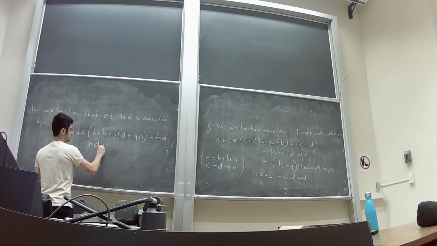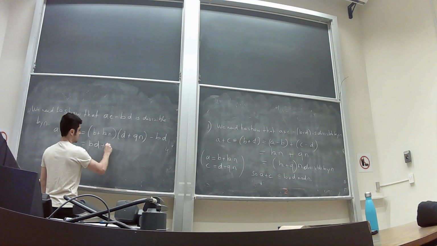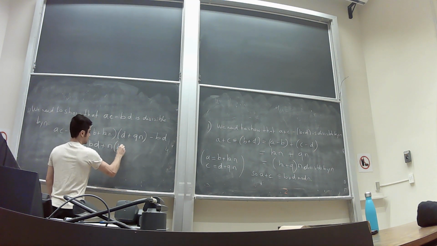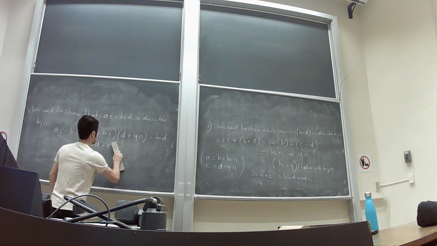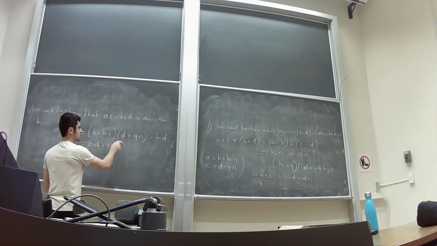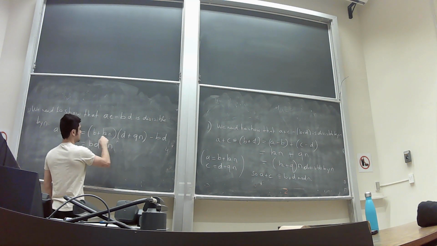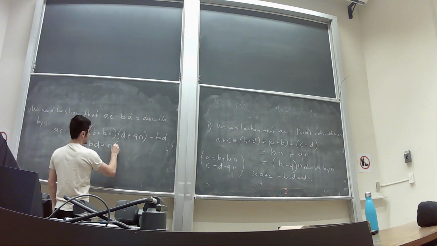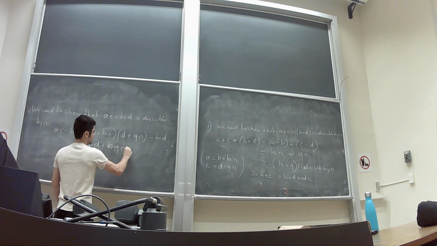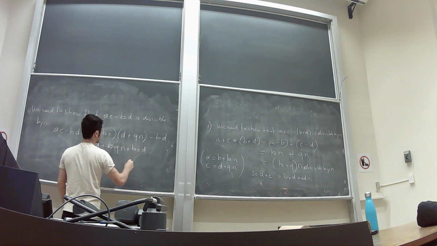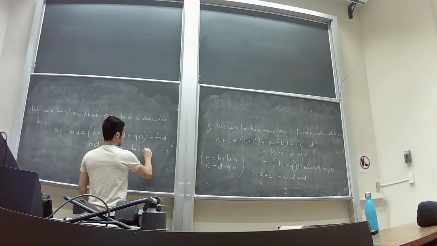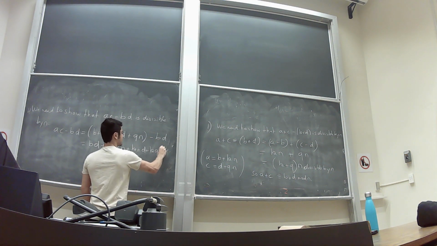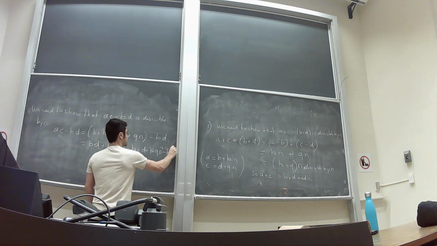It takes two steps to do it: BD plus BQN plus KND plus KQN squared minus BD.